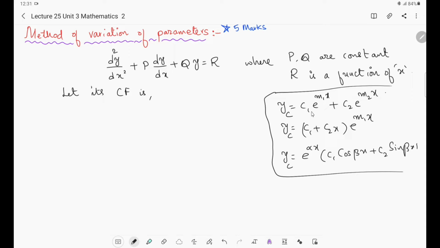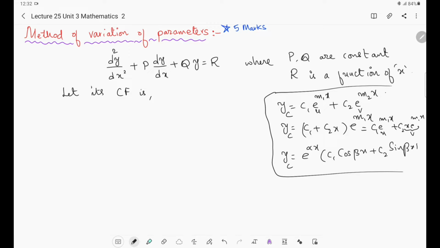Now you see that in all of these 3 cases the complementary function will be of the form c1 into u plus c2 into v. If you consider e power m1x as u, and e power m2x as v, then it is c1u plus c2v. The same thing follows here: this can be written as c1 e power m1x plus c2x into e power m1x, so this is u and this is v.